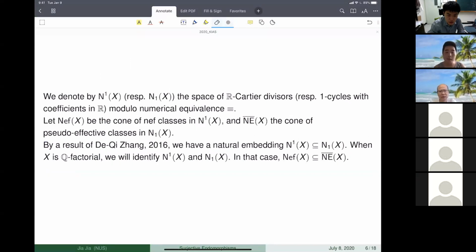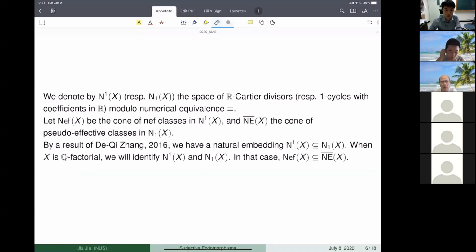And Nef(X) is the cone of nef classes in N^1(X). This Nbar(X) is the cone of pseudo-effective classes in N_1(X). By a result of Professor De-Qi Zhang, we have a natural embedding of N^1(X) to N_1(X). So in the case X is Q-factorial, which means a multiple of a Weil divisor becomes a Cartier divisor, in that case, we can identify N^1(X) with N_1(X).